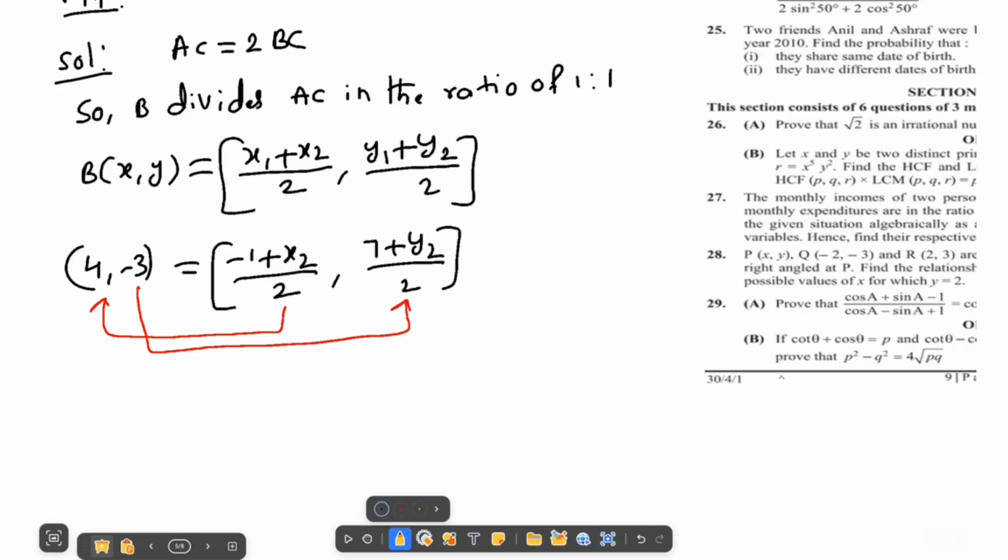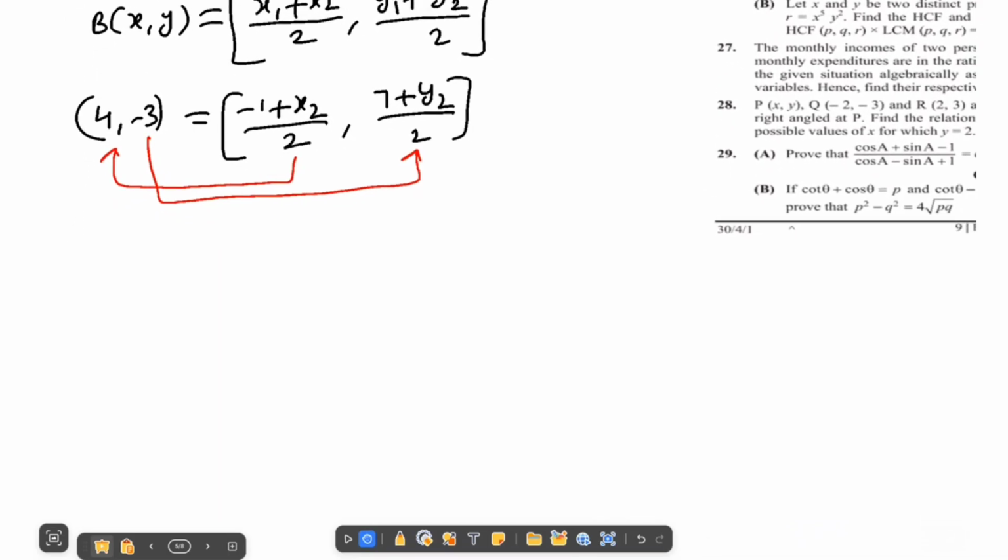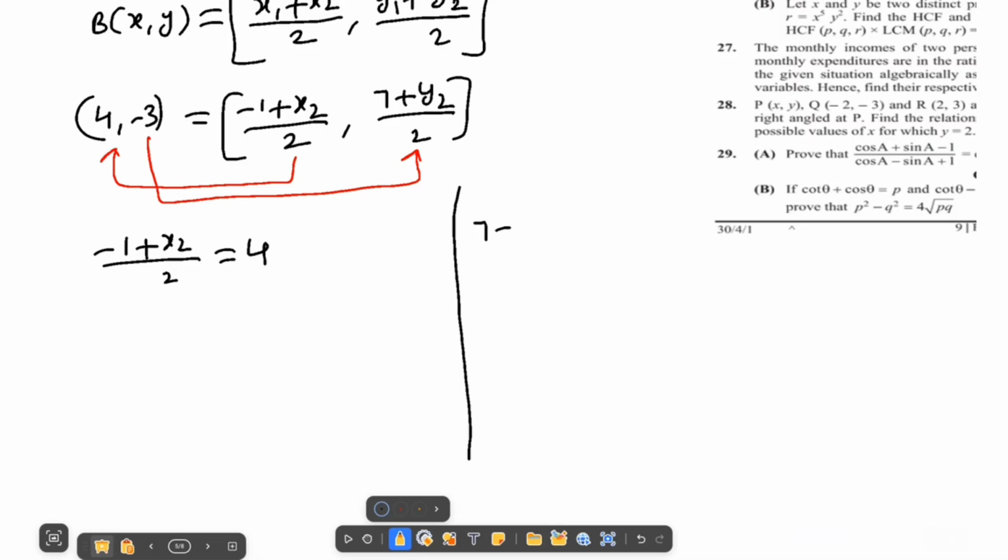So what can you write here? You can write that minus 1 plus x2 by 2 is equal to 4 and 7 plus y2 by 2 is equal to minus 3.